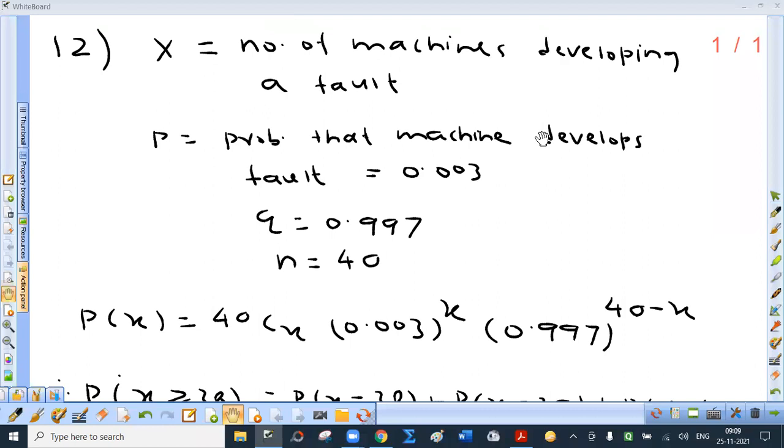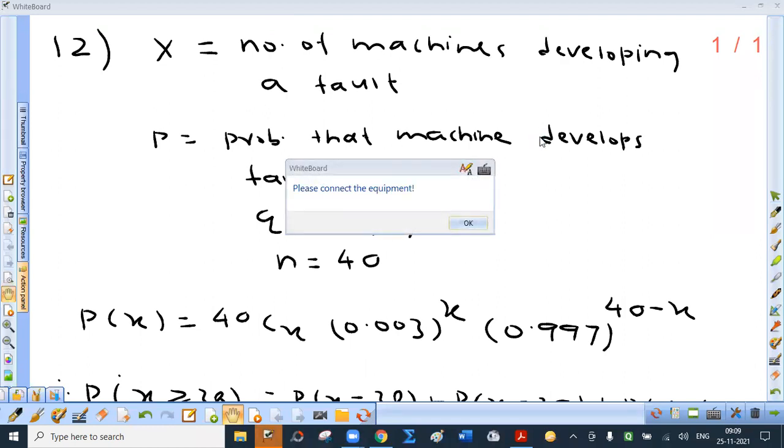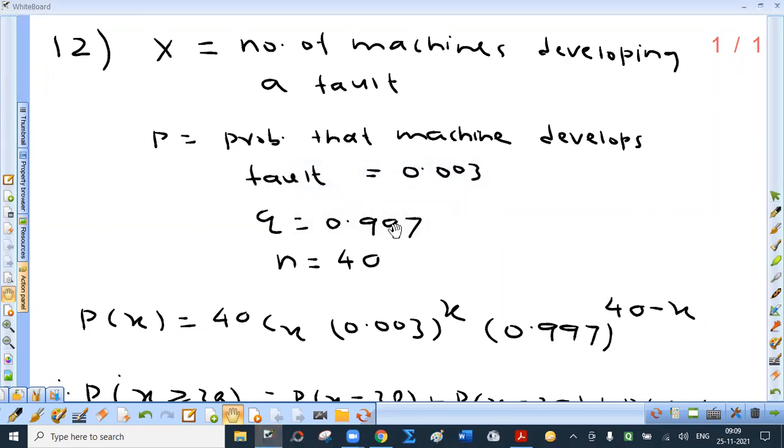Actually, 12 sum is for homework. Let me read the sum first. The probability that a machine develops a fault within the first 3 years of use is 0.003. If 40 machines are selected at random, calculate the probability that 38 or more will develop any fault within the first 3 years of use. So we define x in this manner.